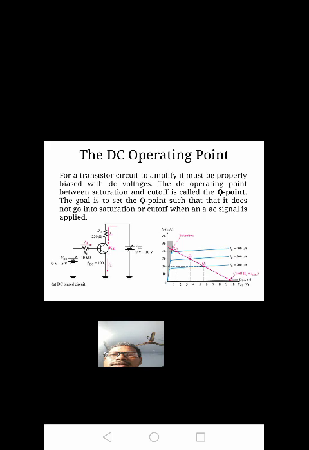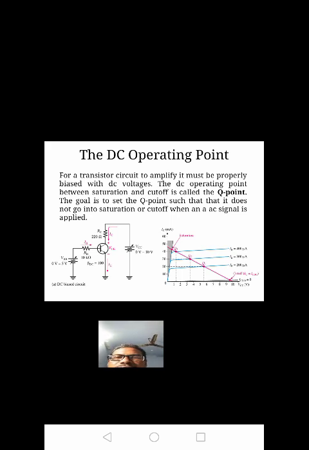The goal is to set the Q point such that it does not go into saturation or cutoff when an AC signal is applied. When you apply an AC signal, it should not go into the saturation or cutoff region. Whatever the applied voltage is, it will be shown exactly in the output.